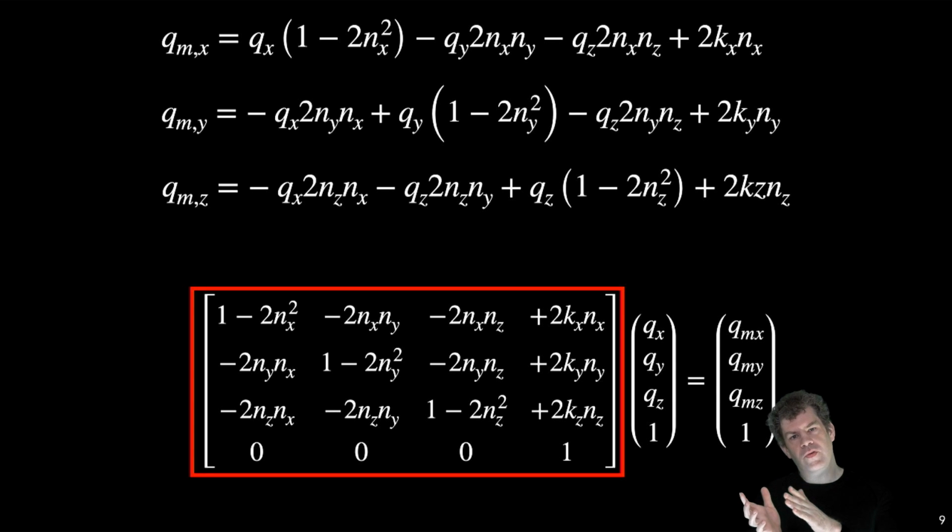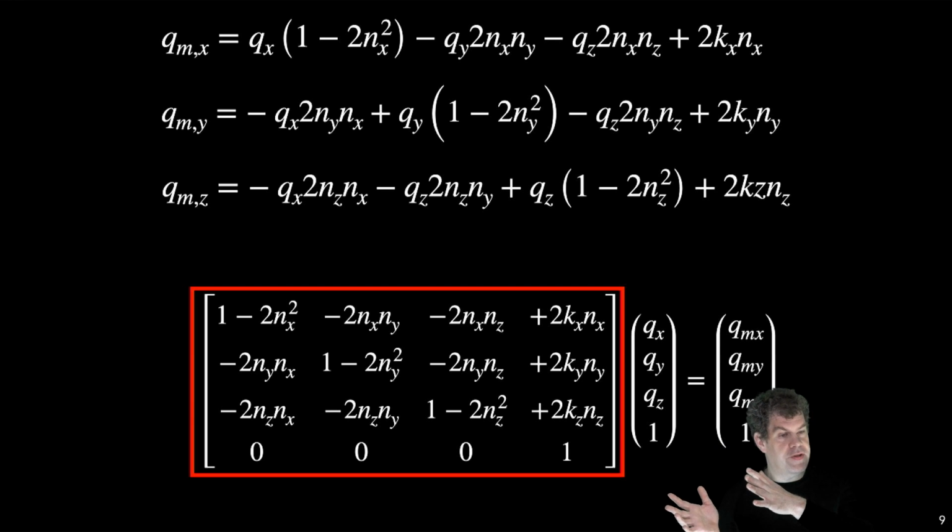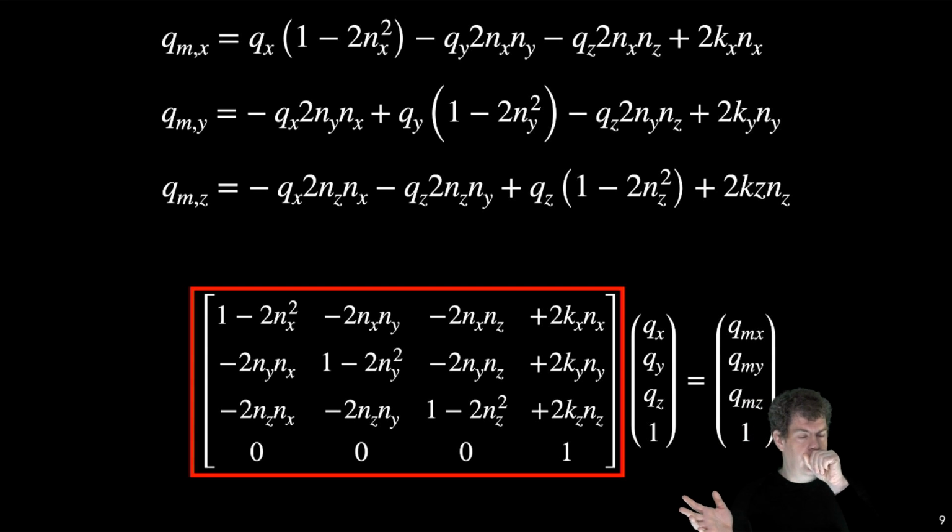Now, all I have to do to render the mirrored scene is take that model view projection matrix and multiply it with this mirror matrix. What is the result? Well, it's just a 4x4 matrix, so it doesn't blow up or get more complicated. It was a 4x4 matrix previously, model view projection. And now it's model mirror view projection to be precise.